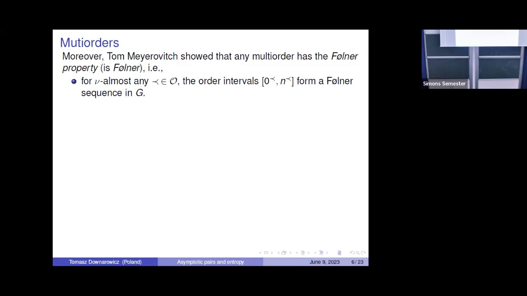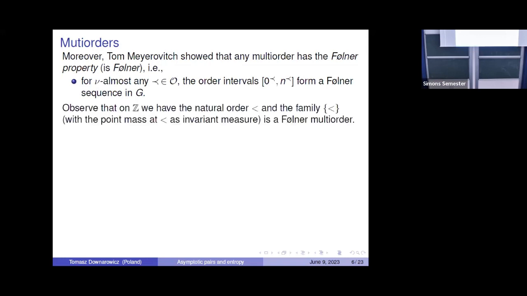And this is everything in between, inclusive. So these intervals form a Følner sequence. And I'm not going to explain Følner sequences in this community. In any case, this resembles very much the standard situation in Z. In Z, you take the order intervals from 1 to n or from 0 to n, and these form a Følner sequence. So we have a very, very similar situation, except that you don't have one order, you have many orders.